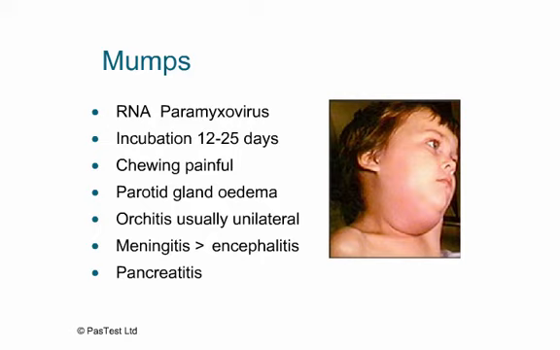Other complications from mumps include arthritis, thyroiditis, mastitis, glomerulonephritis, and ataxia caused by a transverse myelitis. Children do much better than adults in this condition, and in pregnancy, if a primary infection is encountered, then there is an increased risk of abortion.